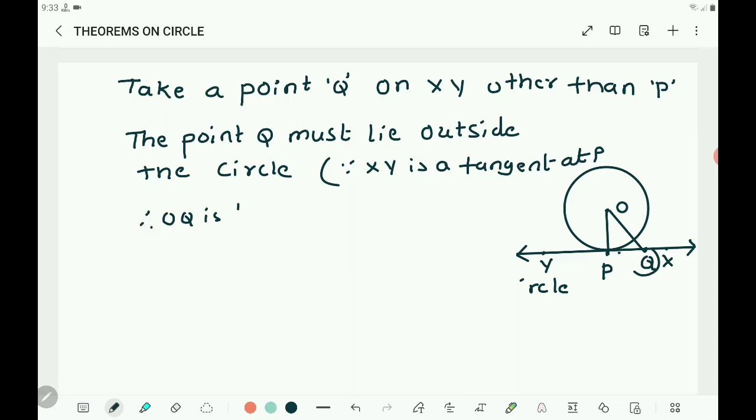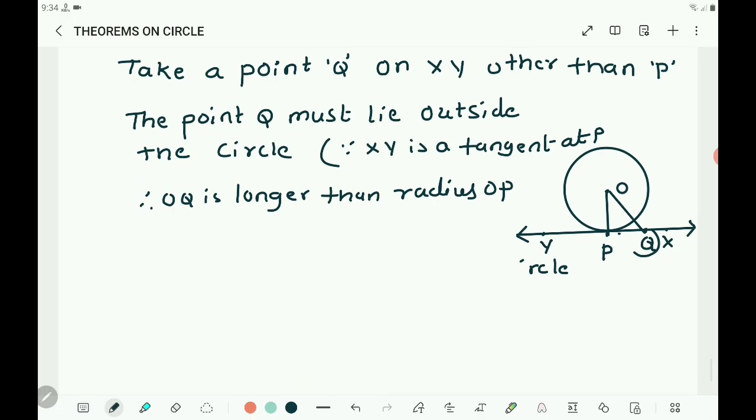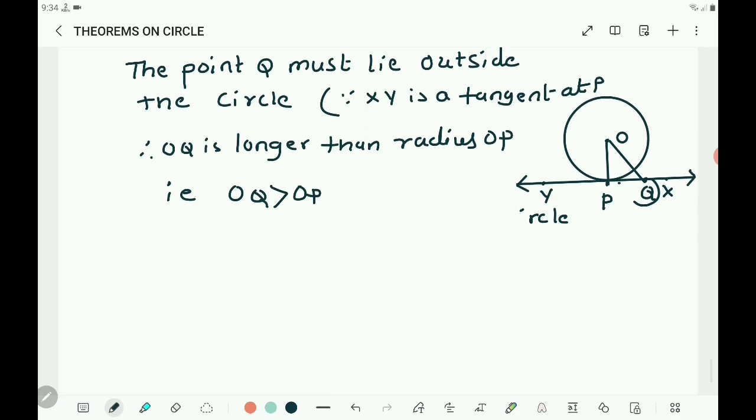That is, OQ is greater than OP. It happens for every point on the line XY except the point P.